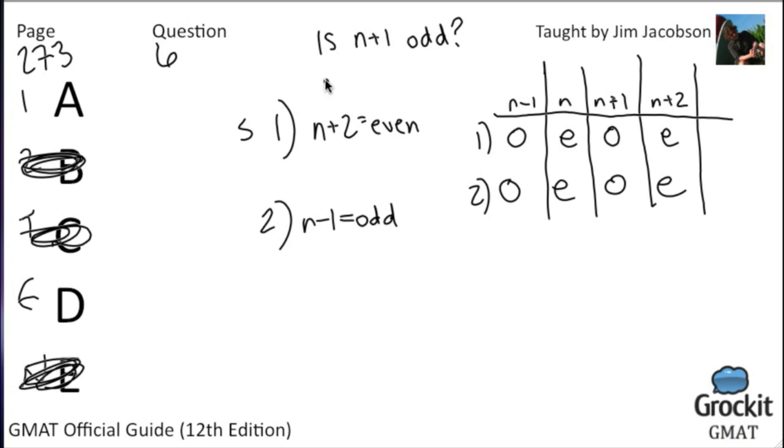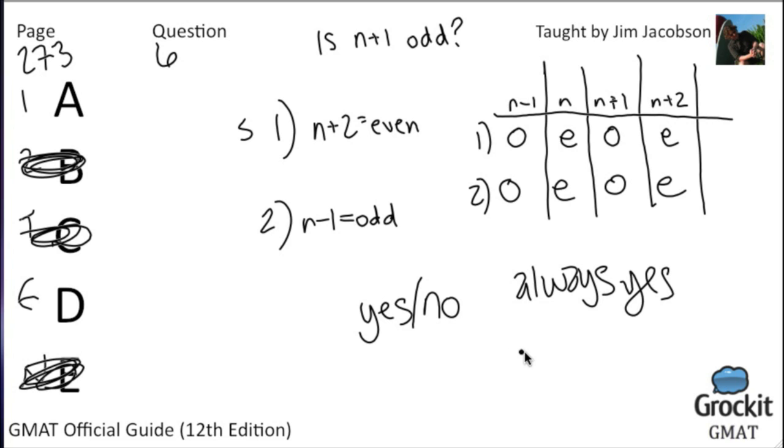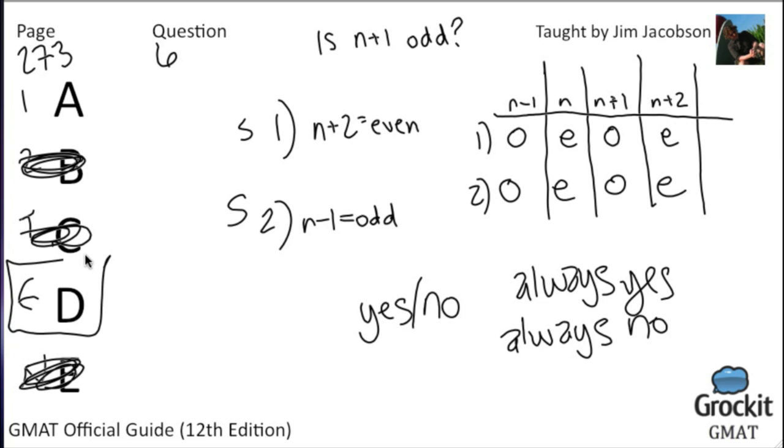Remember with yes/no questions, it has to be always yes or always no for sufficiency. Either one is sufficient. Even if it's always no, it's sufficient to answer the question. In this case, n plus 1 is definitely odd, no questions asked. Both statements are sufficient. Answer choice D is our right answer.